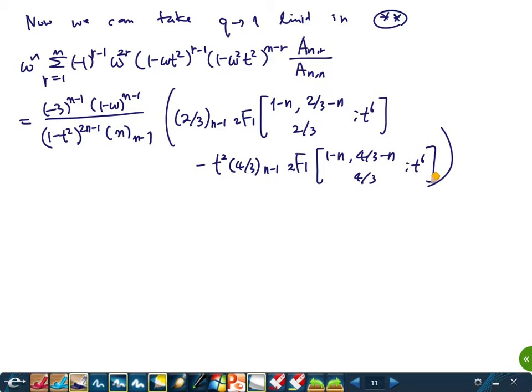Yes. Now what? What do you want to do? Finally, we can substitute the conjectured formula. So we have a conjectured formula for this.